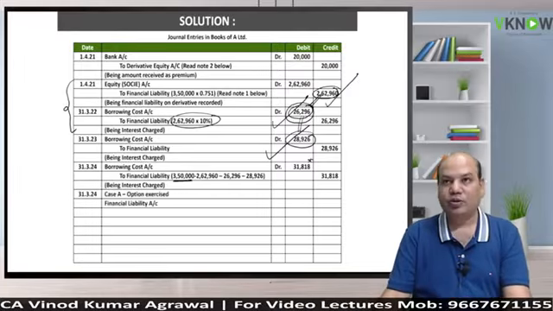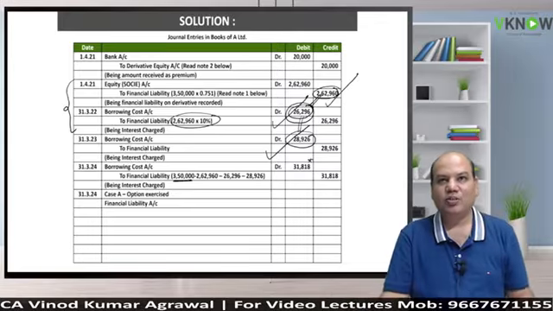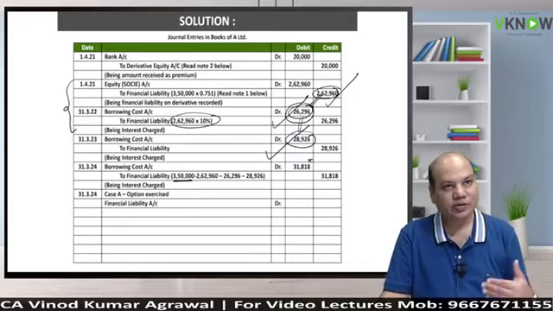After that, case 1: the party comes and says, I want to sell this share back to you for 35 rupees. He wants to exercise his option.